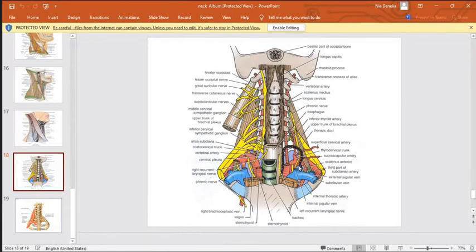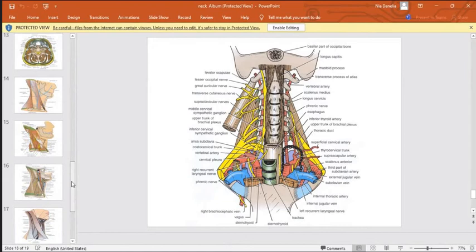This space is posteriorly bounded by the scalenus anterior muscle and anteriorly by infrahyoid muscles. The contents which pass here are the initial part of the common carotid artery, the vagus nerve, and the phrenic nerve, which pass in these muscular spaces.